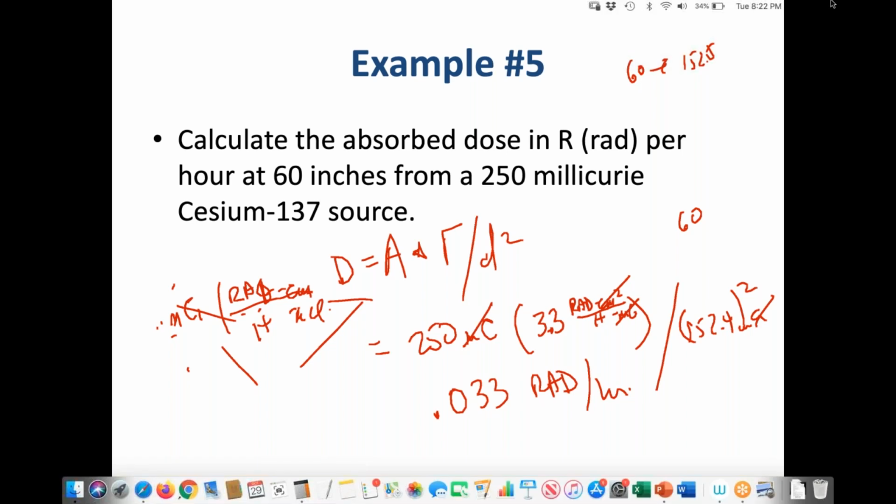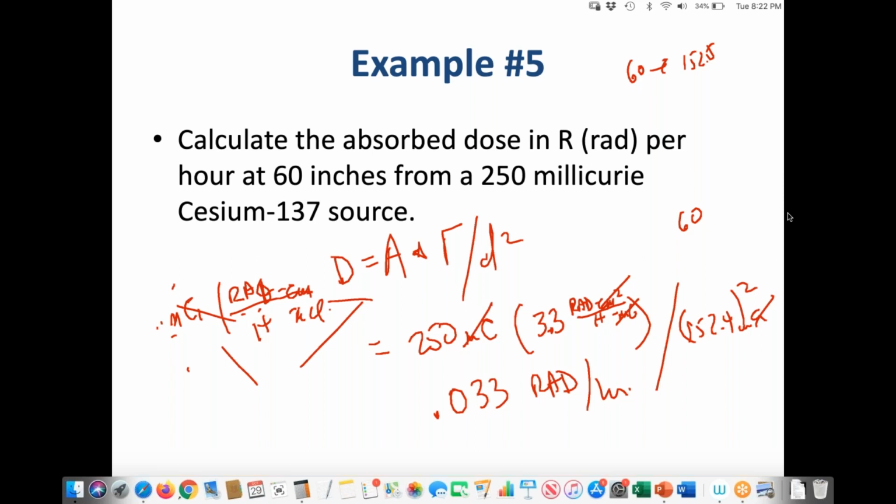The 3.3 for cesium-137 came from our gamma ray constants table. It's actually doing two things for us.